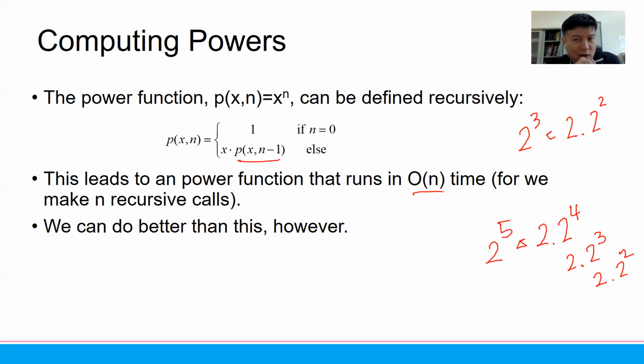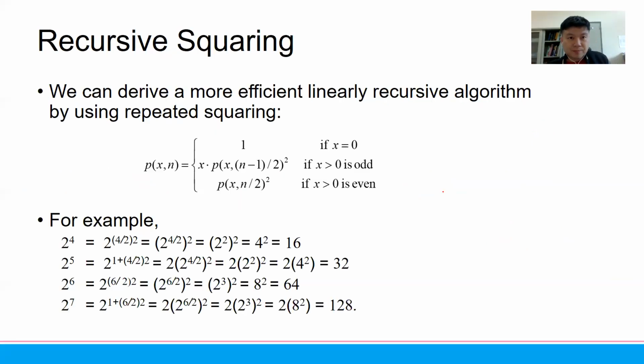Can we do better than this? In this course, if you have an algorithm, you need to think about how to improve it, how to make the computational time more efficient than the previous algorithm. That is the important part. We can do this with recursive squaring. What does it mean? If I have 2 to the power of 4, I divide the exponent by 2, and then it is 2 to the power of 4 divided by 2, to the power of 2.